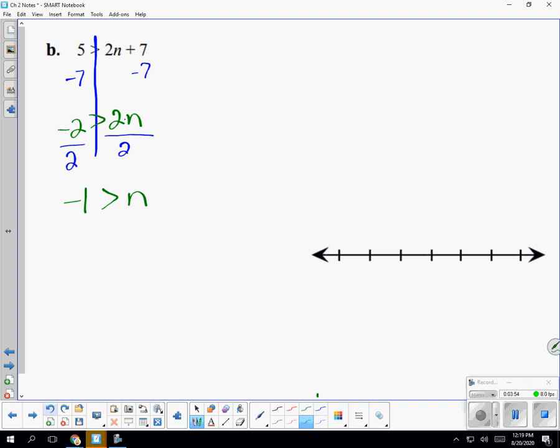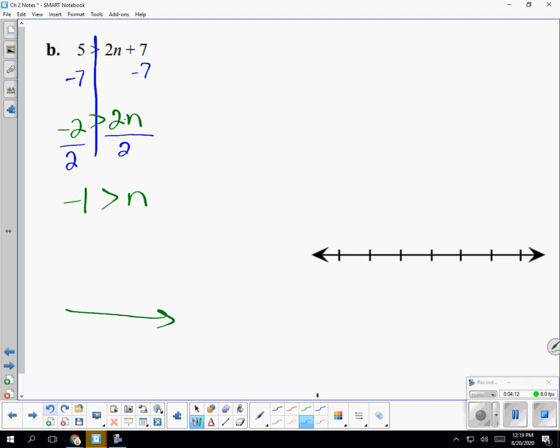Okay, now here we have a situation where our n is on the right side, not the left side. I like it better when my variable is on the left side of the equation because I read these solutions from left to right, just like I'm reading a book.